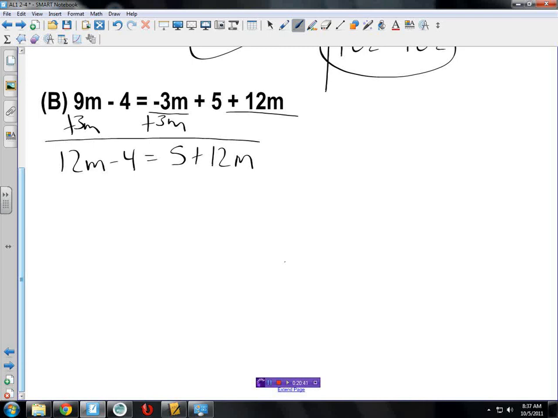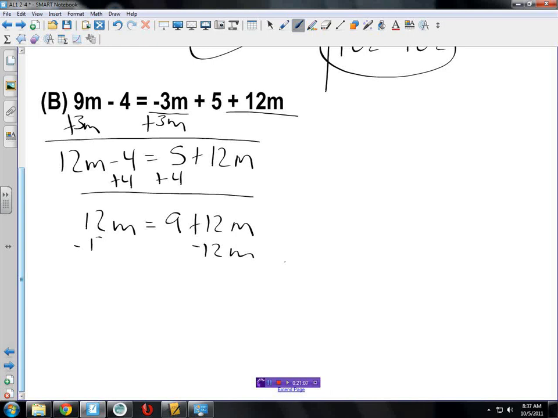Colton, what's my next step? You want plus 4. We get 12m is equal to 9 plus 12m. All right? Isaac, what's the next step? Minus 12m.